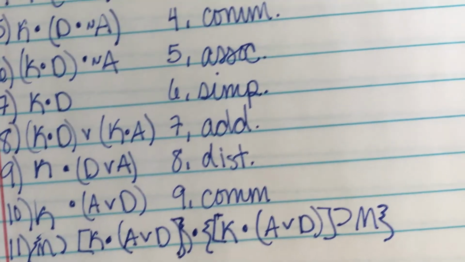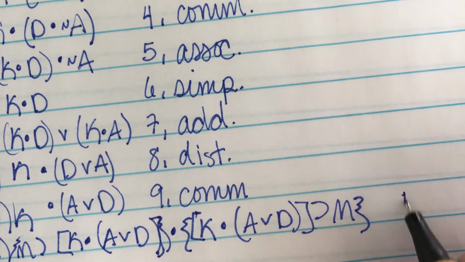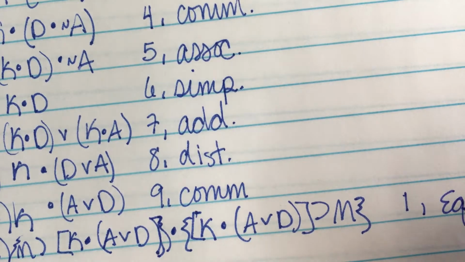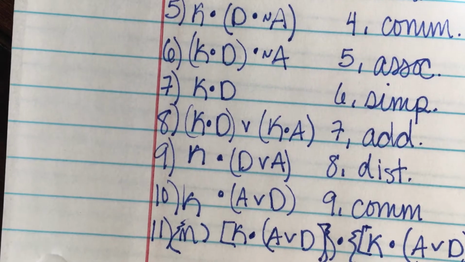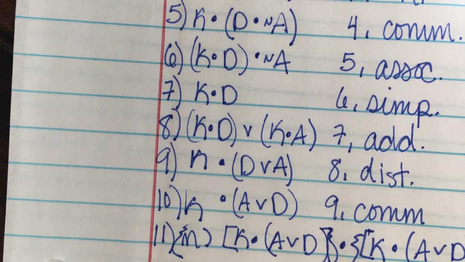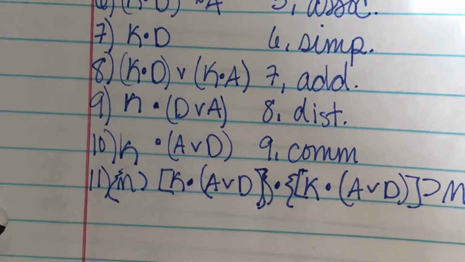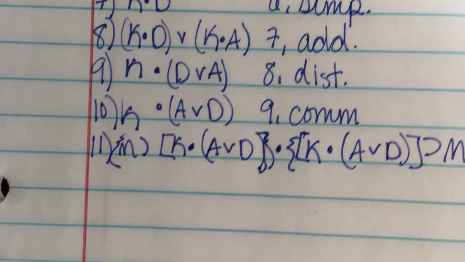You see that? It's a long deal there. But I'm going to get that from 1 by equivalence, or ME for material equivalence, okay. Now I'm going to do some commuting. And all I'm going to do is flip my conditionals around there.